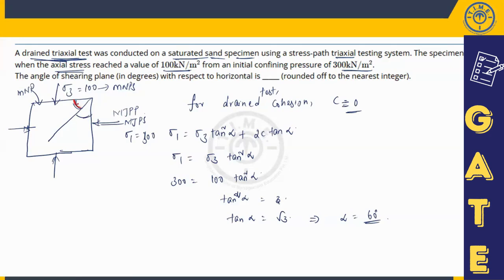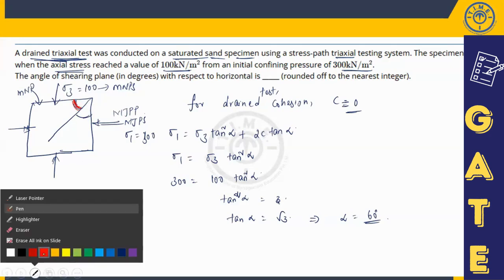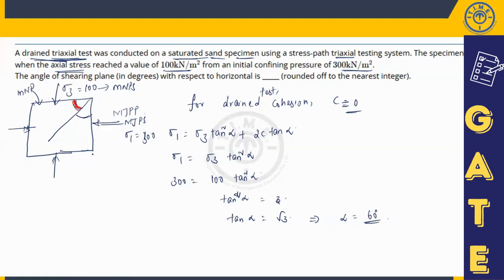So the red mark I have drawn is what is being asked, the angle of the shearing plane with respect to the horizontal. That is nothing but the angle between the minor principal plane and the failure plane. If it were with respect to vertical, we would have taken the otherwise, that is the major principal plane and the shearing plane.